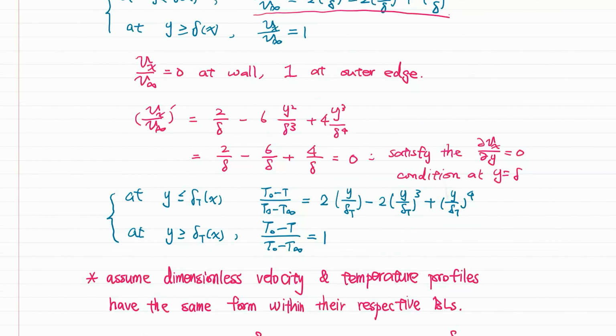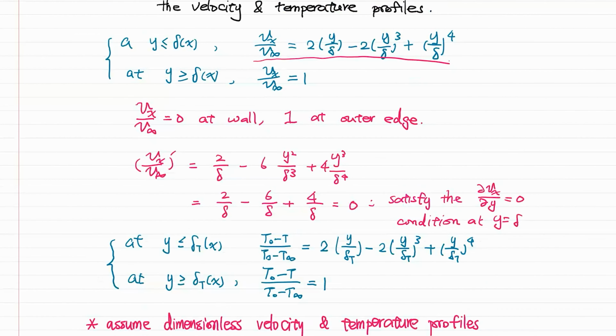Now we have our guess of the velocity profile and our guess of the temperature profile, which already fulfill the boundary conditions.